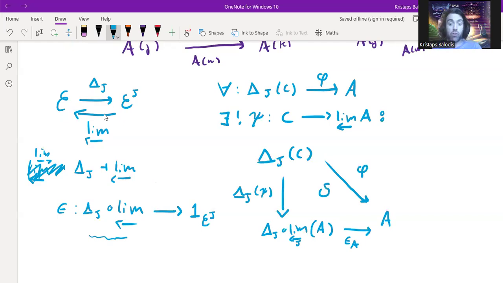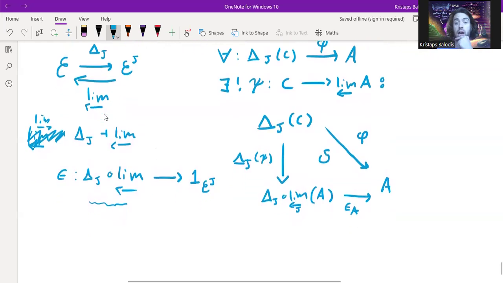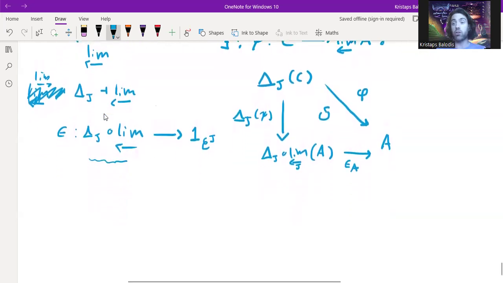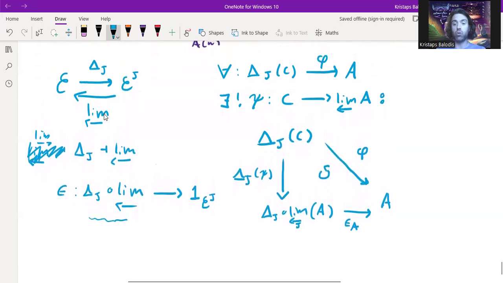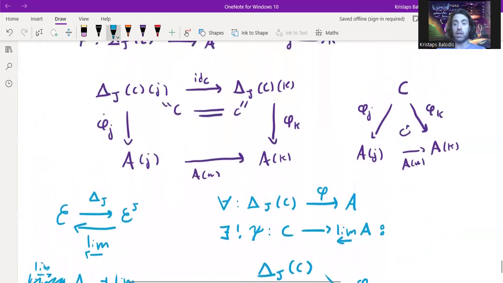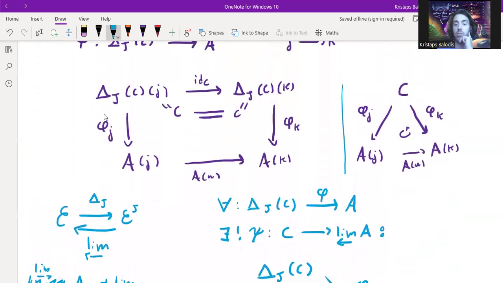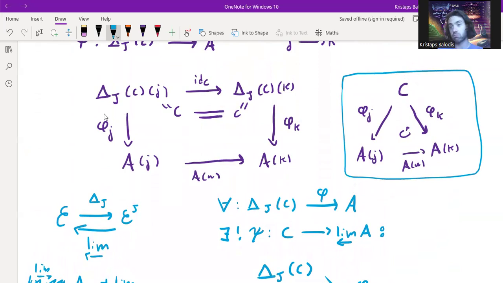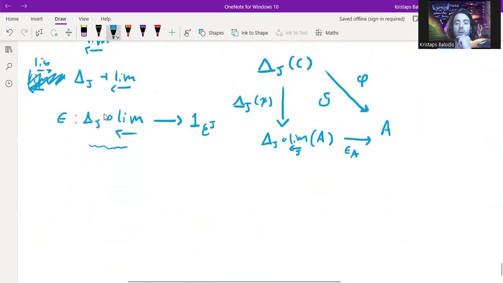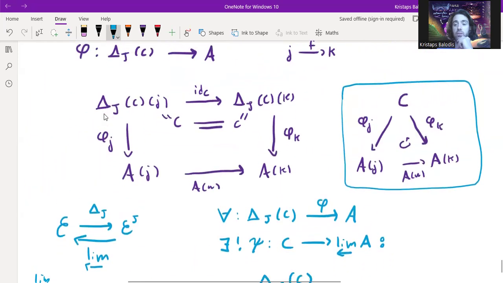Okay, so let's try and unpack what all of this says. Well, we have part of this already, right? So what does psi say? Well, psi, remember, is a natural transformation, and it just says that I have this diagram, right? What about epsilon sub A? Using the same idea, I know this.